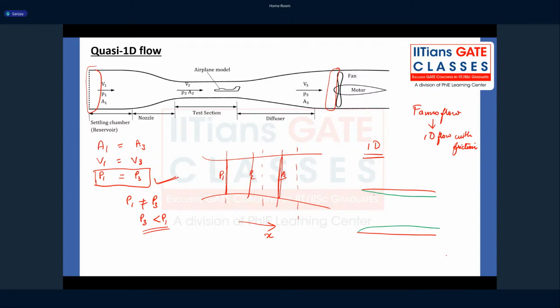Because of this, there will be a drag on the walls. There is a friction, right? So you will have losses. The total pressure will be reduced. So although it can be considered as inviscid, but not close to the walls at least. Does it answer your question, Danesh and Rishwant?